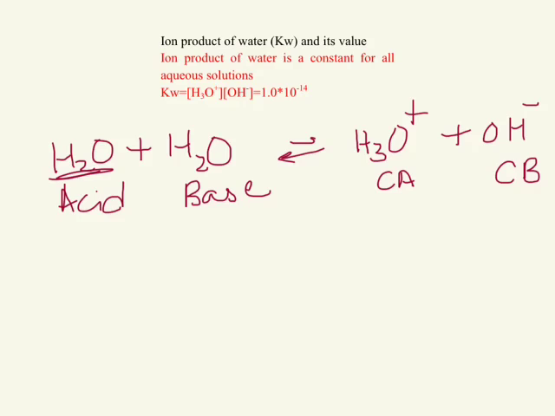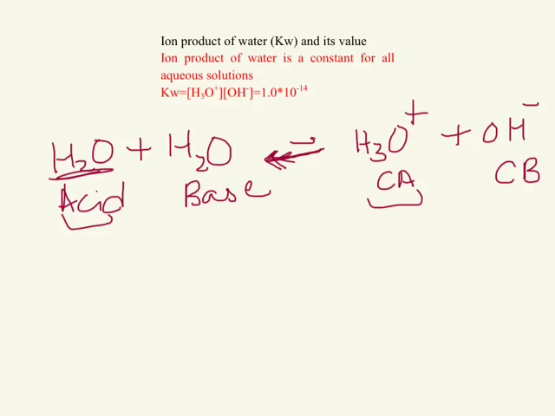Here, if I'm drawing a bigger arrow on the left side, it means the reactants are favored. And why is that? Because if you compare the acids, the Ka value of H3O+ is much higher than H2O, and we always go from the stronger to the weaker side.